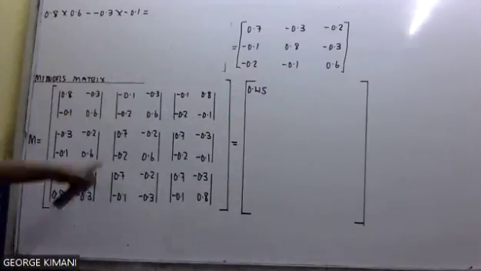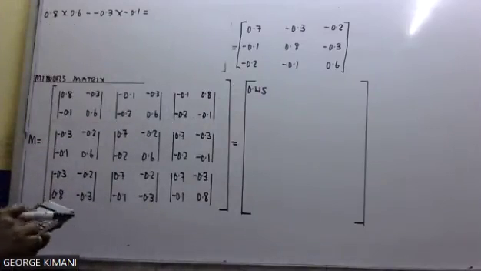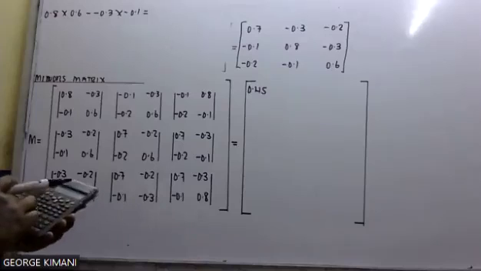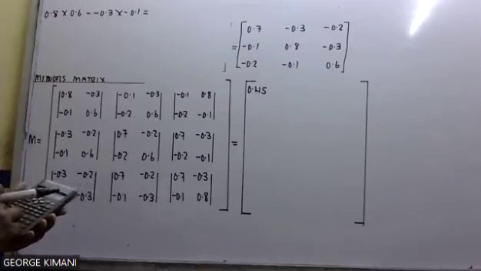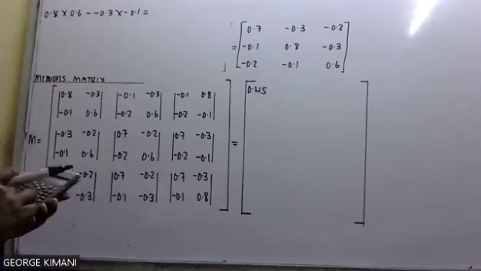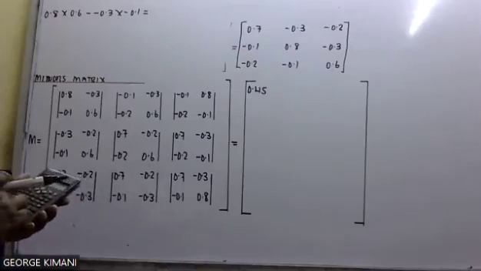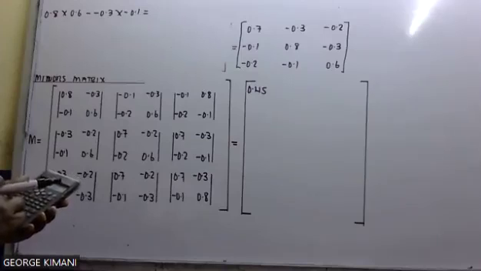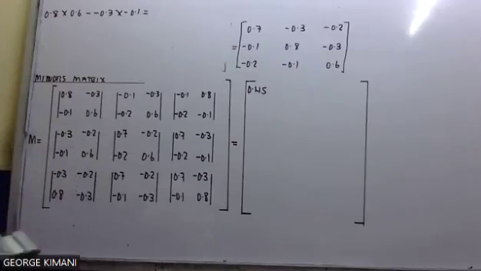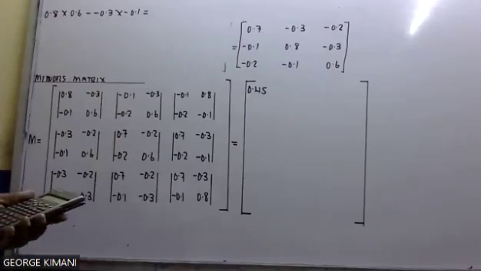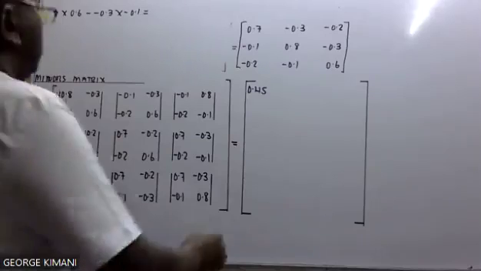Let's count this other one. Minus 0.1 times 0.6, minus 0.3 times minus 0.2 equals. I'm getting 0.12, but negative.